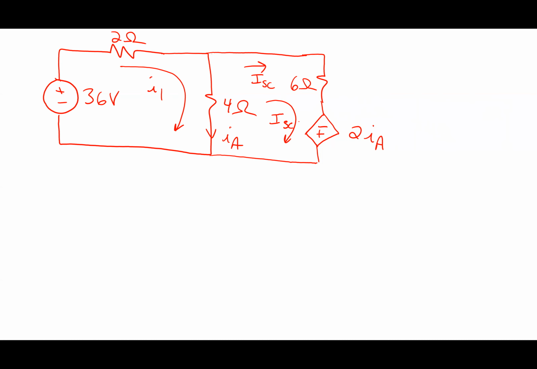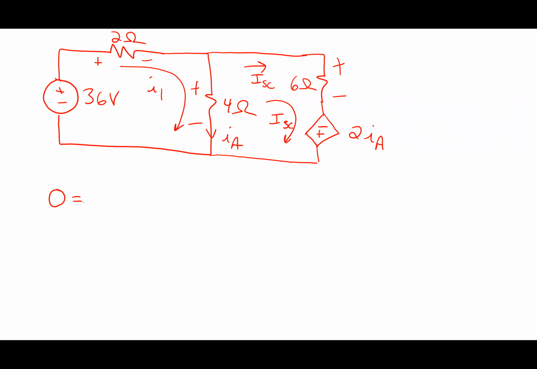So for me, when I do a mesh, when I write out mesh stuff, I'm writing what kind of equations? KVLs. So I just do everything going clockwise. I'm going to look at the left mesh here, so the left mesh 0 equals. I start in the bottom corner there and I go around clockwise.